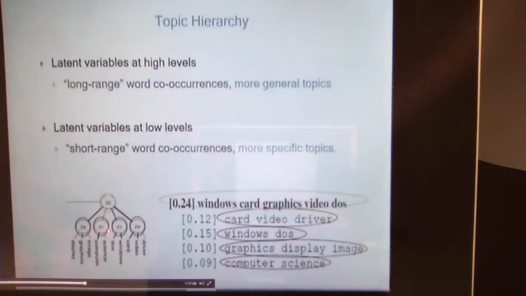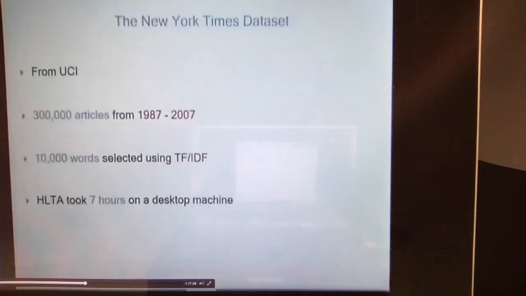And topics at the low levels capture short-range word co-occurrences, so they give us more specific topics. So literally, you get this hierarchy.